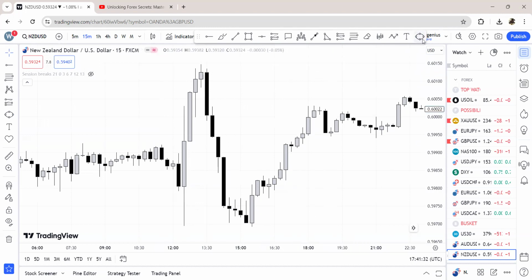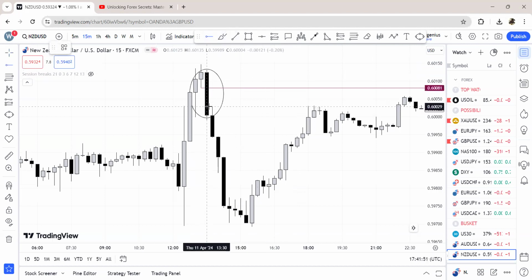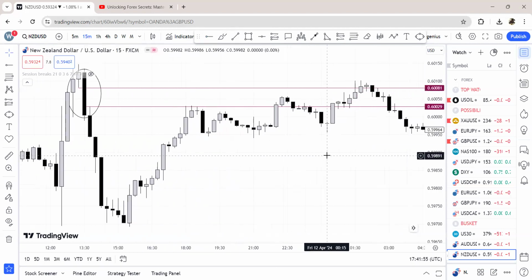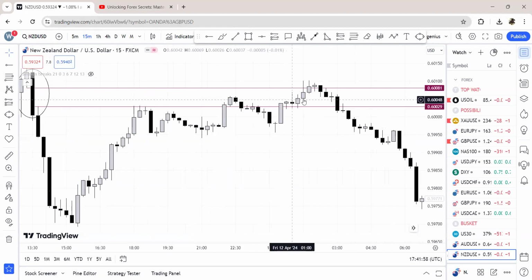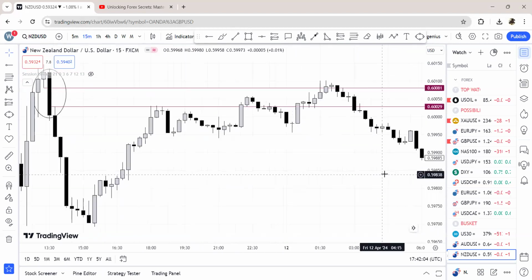But then immediately when we see this other one here, this big black candle, it has formed an inefficiency. How do I know? Because if I put a line on this previous candle and then the very next subsequent candle there, you see that the market went back to that level, filled it, and then started going to the downside.